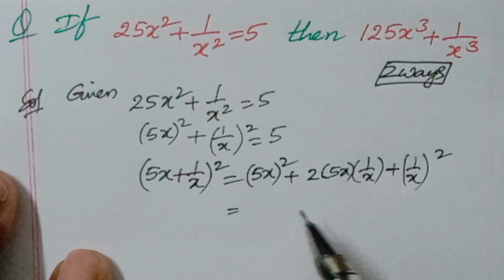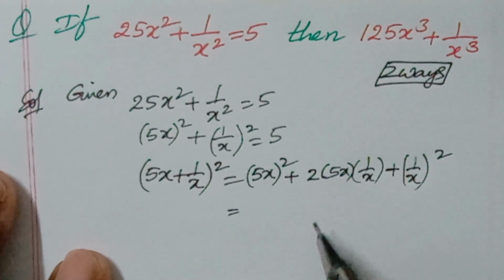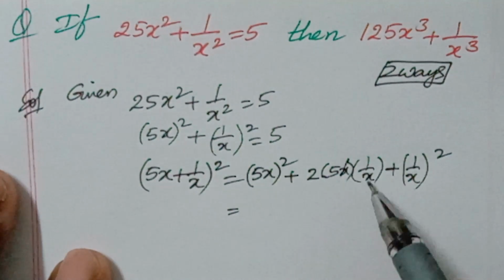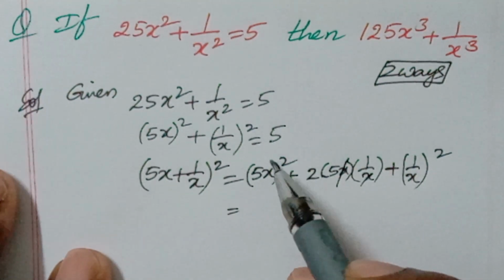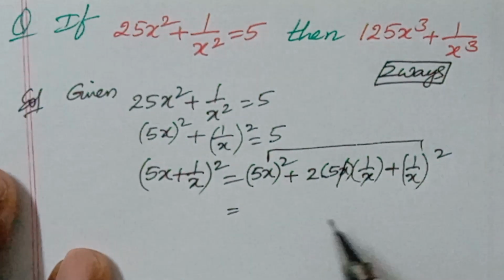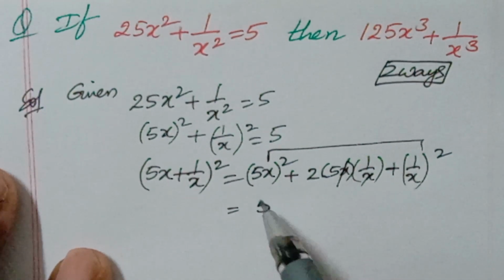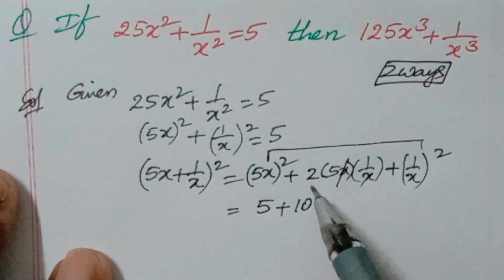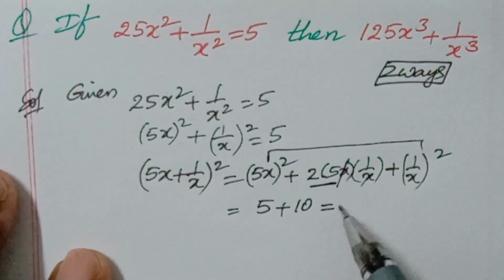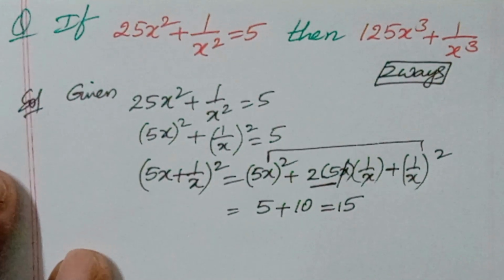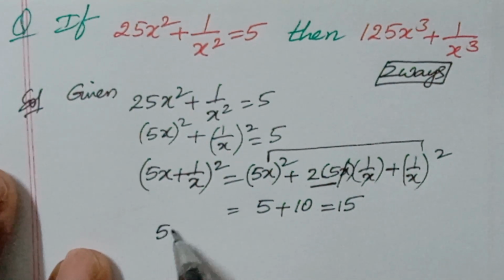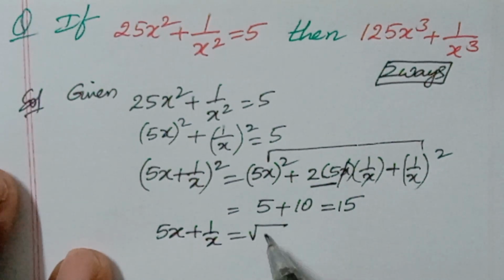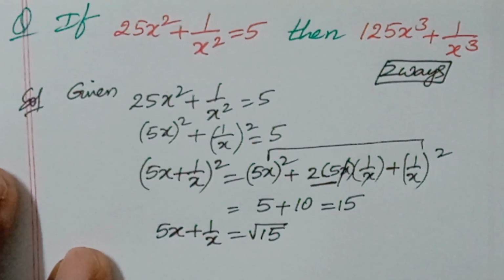Here the x's get cancelled. The value of these two is 5, plus 2 times 5 is 10, so in total you are getting 15. So 5x plus 1 by x is equal to square root of 15.